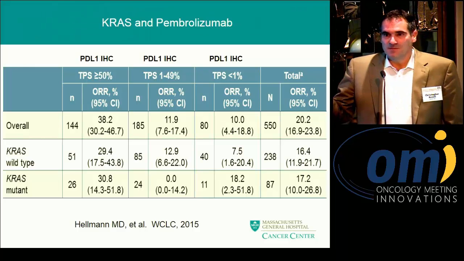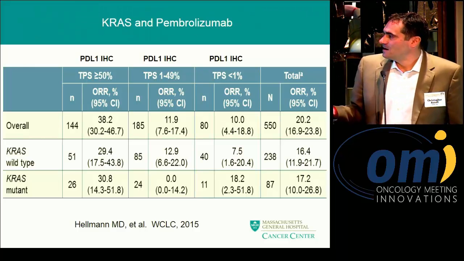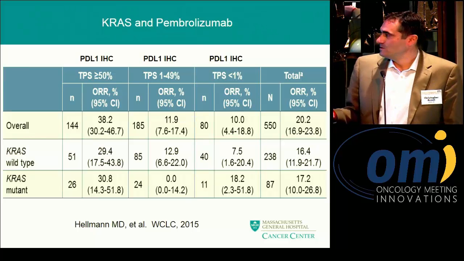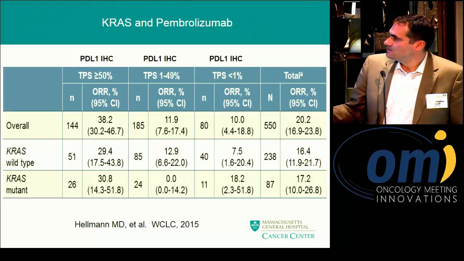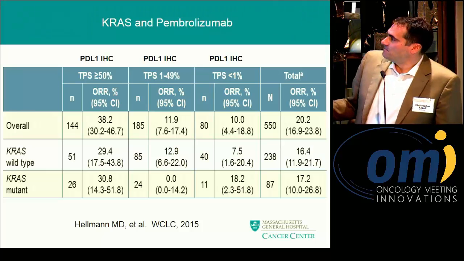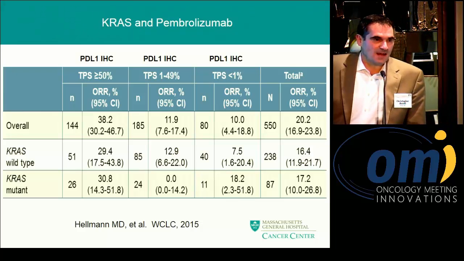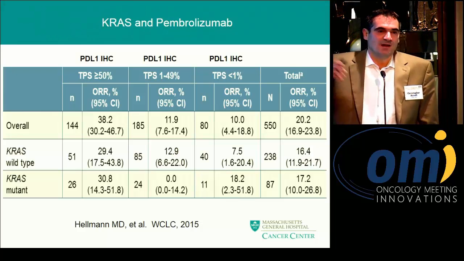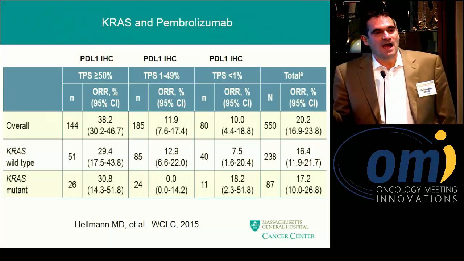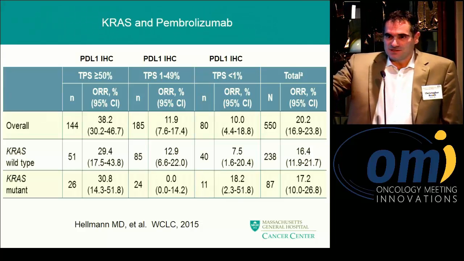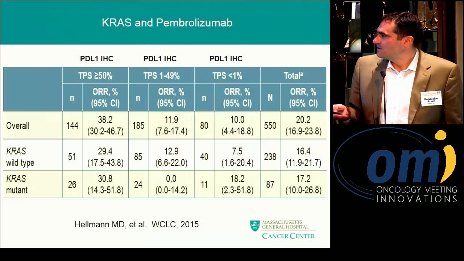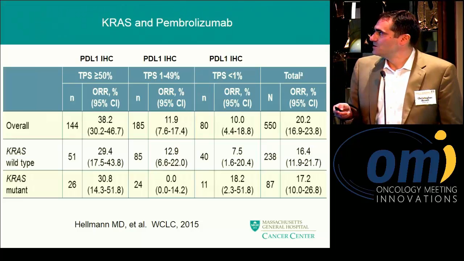And what about immunotherapies targeting KRAS? Well, Matt Hellmann's subgroup analysis at World Lung in the KRAS mutant population of the folks given pembrolizumab, 87 patients with KRAS mutations versus 238 wild type, didn't see an efficacy signal in KRAS mutant specifically, but there are a lot of ideas of how you can use a KRAS-specific antigen signal to use immunotherapies here.